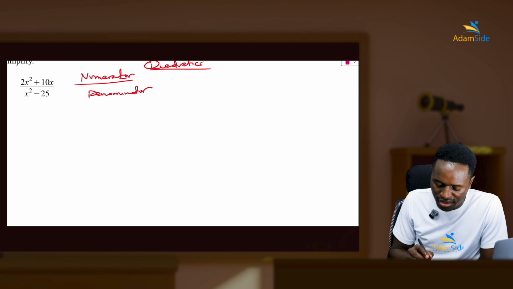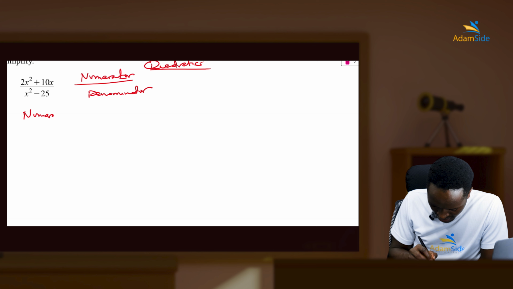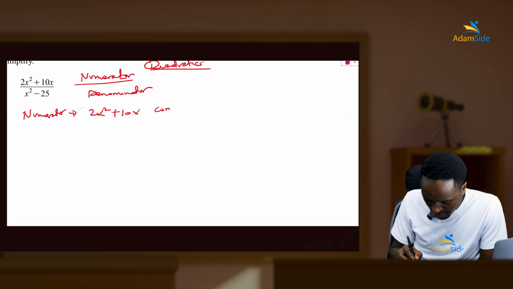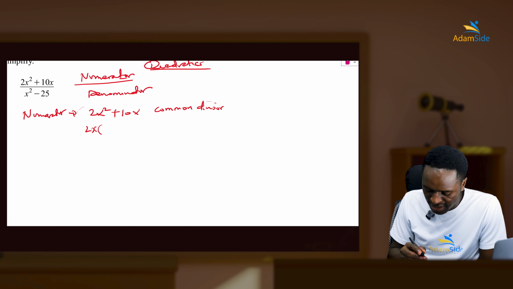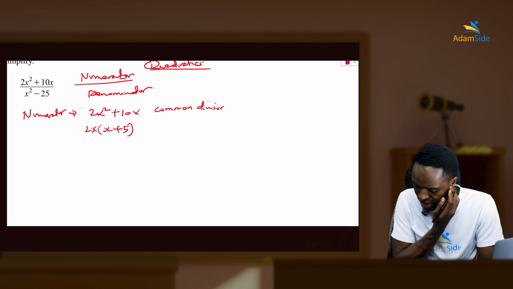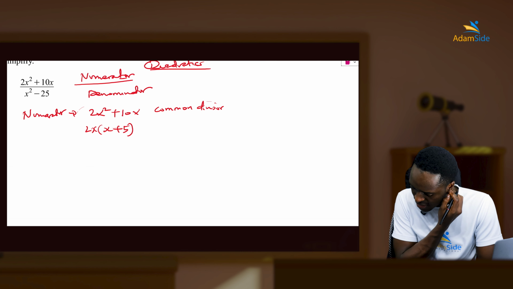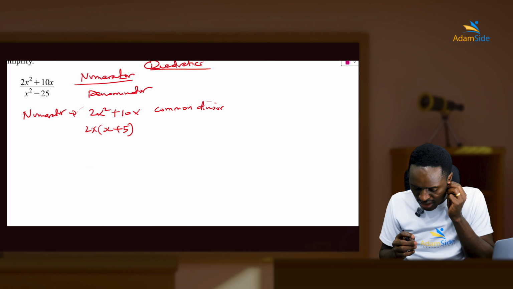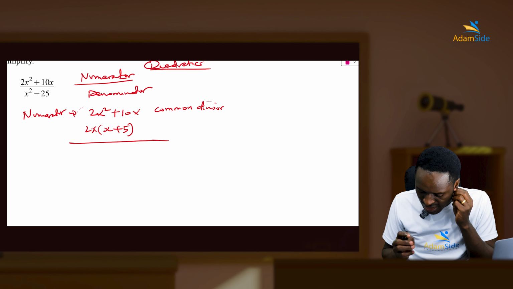Difference of two squares here at the bottom. With the numerator, the top part, look for common factors in 2x squared plus 10x. What are the common factors? It is 2x. So 2x into bracket x plus 5.